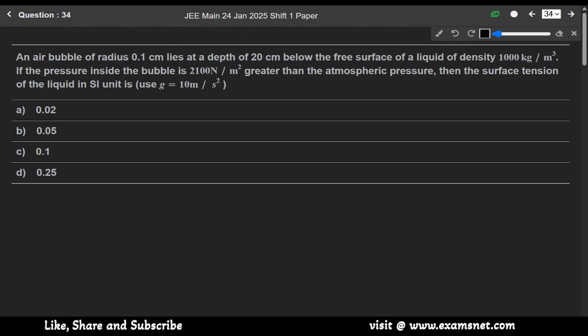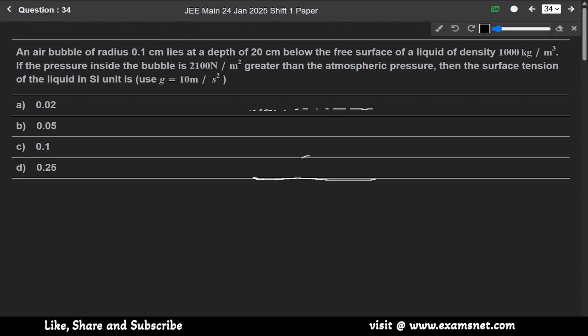Let us say the air bubble is here and this height is given as 20 centimeter. Let P naught be the atmospheric pressure, and this bubble is having pressure of P2 and surrounding pressure is P1. Okay.